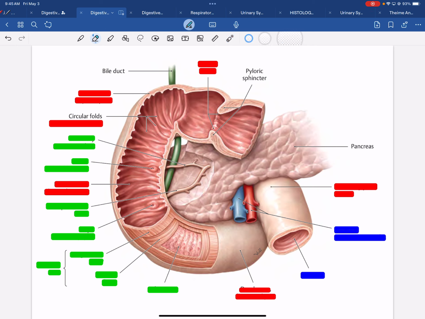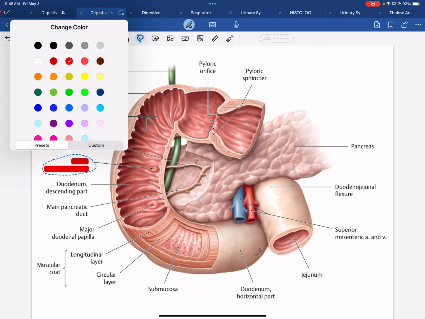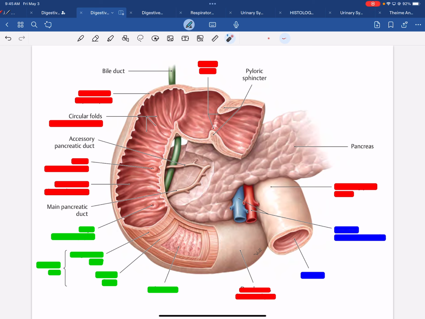It's called the accessory pancreatic duct. What about this one? It's called the main pancreatic duct. That actually shouldn't be green. I don't think that's in the lab manual. Don't look. What is this? Good, the major duodenal papilla.